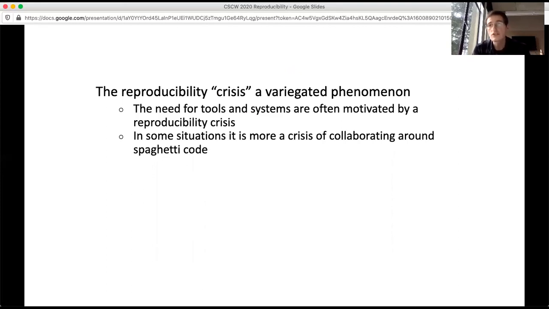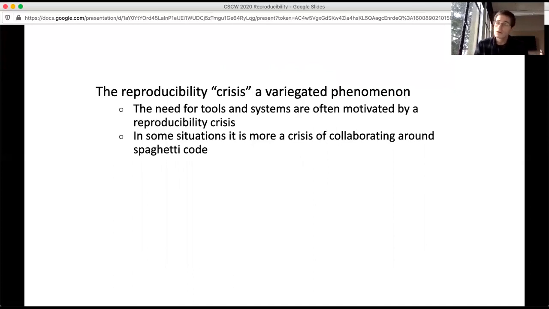But our point here is that when we build tools and systems for reproducibility, a lot of times they're motivated by this notion of a reproducibility crisis. But what we're seeing in this workshop is that what people are really interested in these tools, in a lot of cases, has much more to do with a crisis of having to collaborate around these really large, tangled code bases that are developed by PhD students and people who are coming and going from research labs.